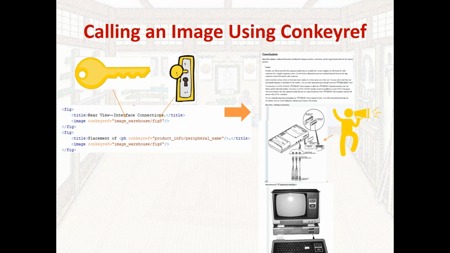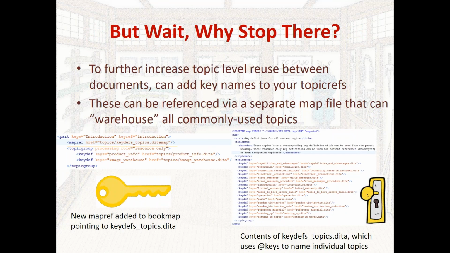But hey, why stop there? To further increase topic level reuse between documents, you can also add key names to your topic refs. These can then be referenced via a separate map file that can warehouse all commonly used topics.